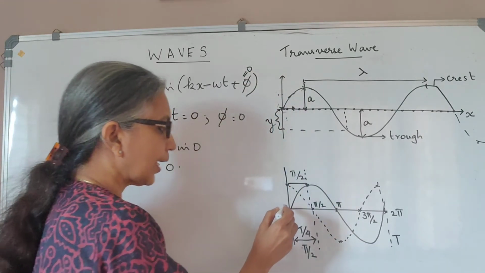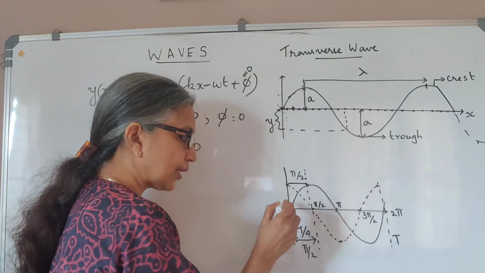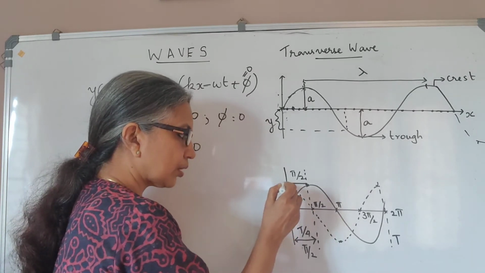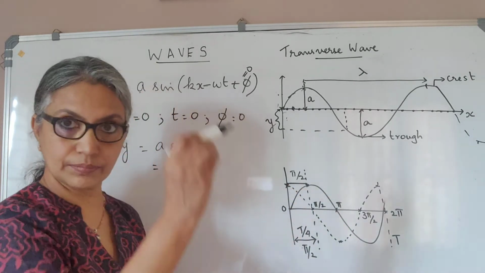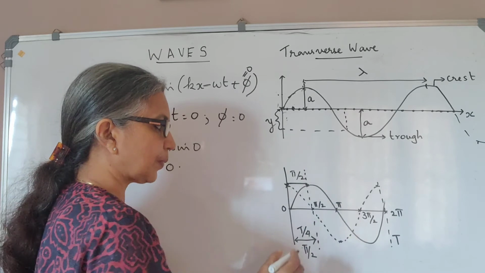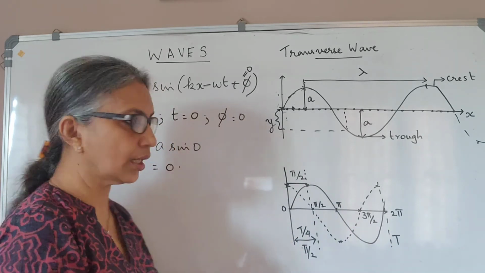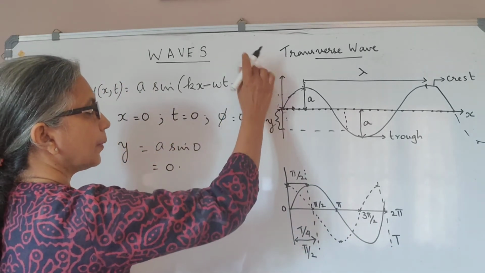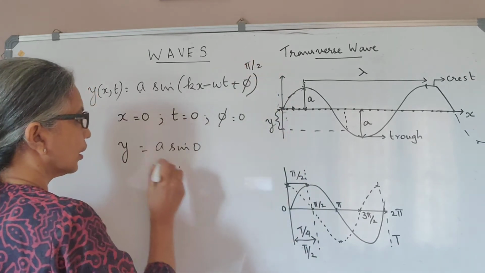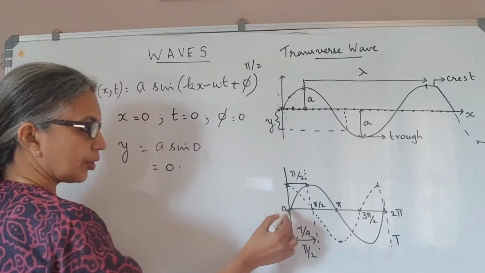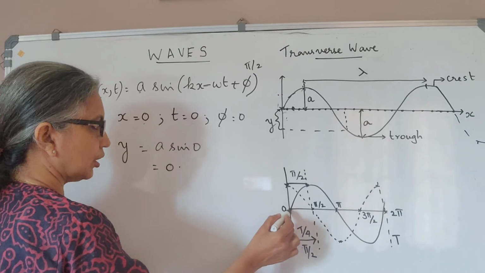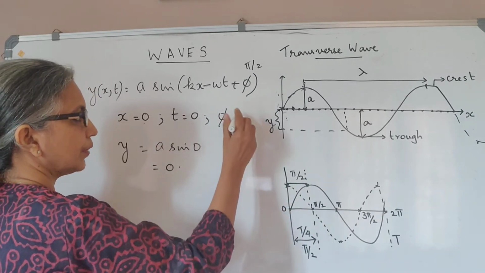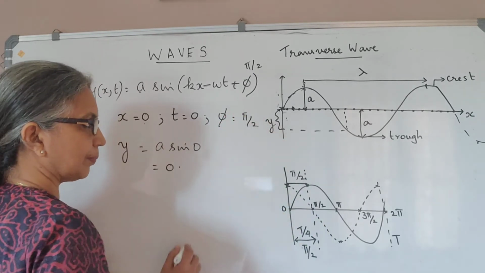But instead, at time t equal to 0, at x equal to 0, if the particle is already at the maximum displacement, that is y equal to a, then the phase constant would be pi by 2. We are talking about a particle at the origin at time t equal to 0, but the initial phase being pi by 2 means that x is 0 but the phase is pi by 2.